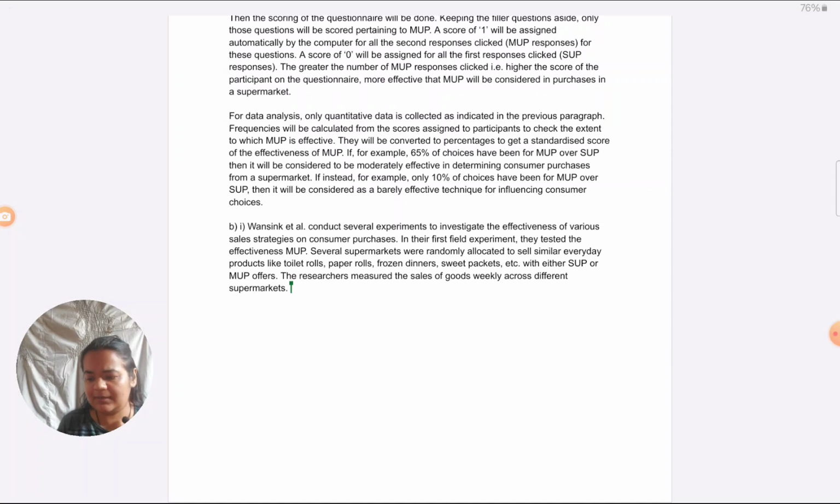Results showed that there was a significant increase in the sales of products when they were offered in MUP rather than SUP.